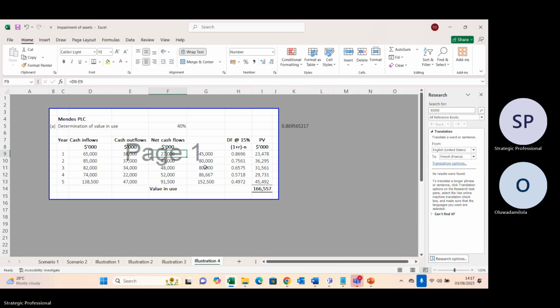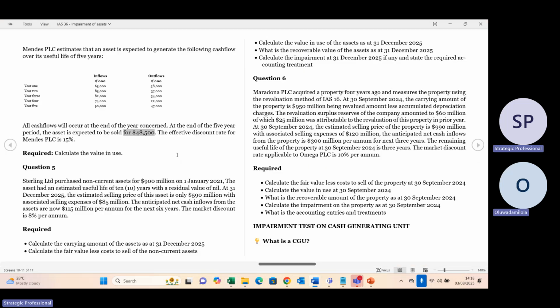It's still confusing because I believe that if it's before tax, that means we need to calculate the tax factor, so that we can get the post-tax cash flow value. Then we do the discounting factor and then we get the present value. But in this case, in illustration 4, the examiner did not say anything like pre-tax or post-tax.